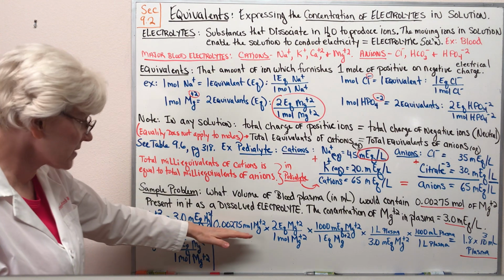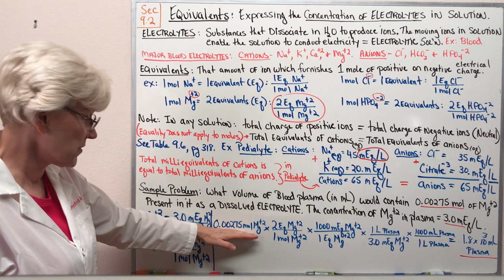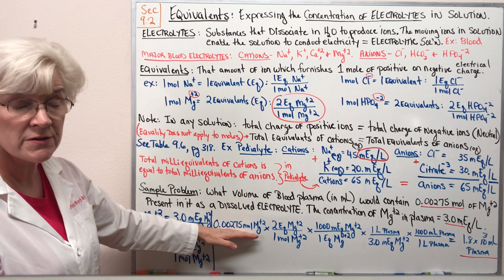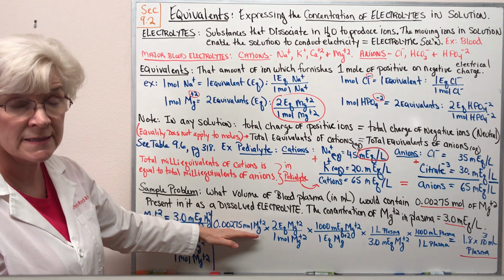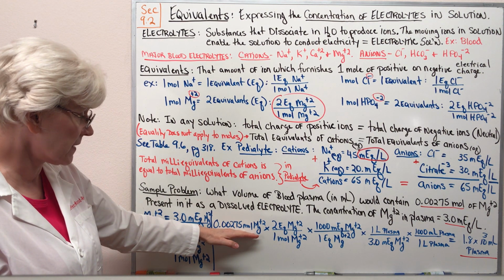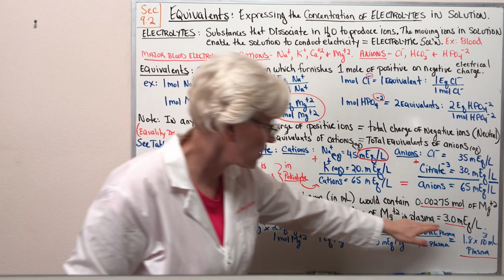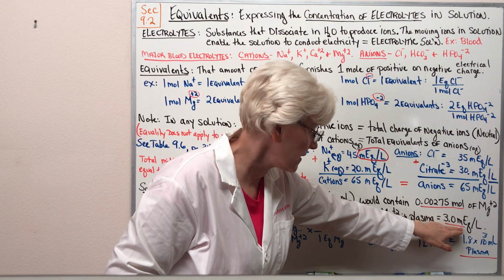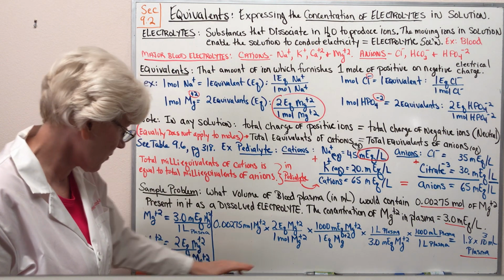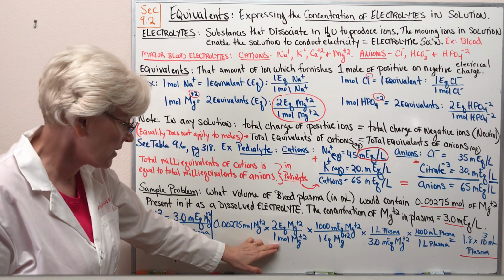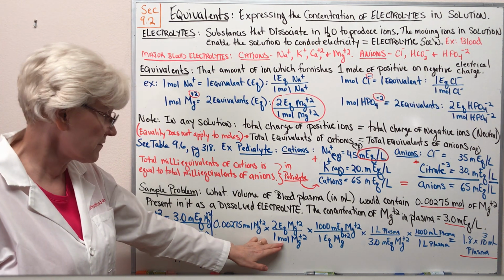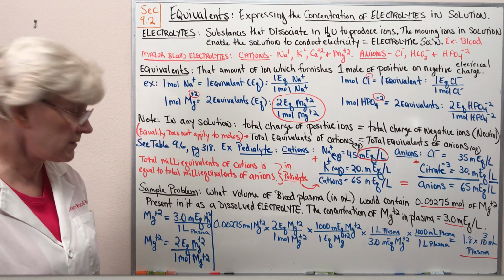So looking at our setup, starting out with 0.00275 moles of magnesium ion that we need to have present total in the blood plasma. Well, our concentration unit is not in moles, it's in milliequivalents. So we are going to have to use the relationship between equivalents and moles in order to convert from moles of magnesium ion to equivalents.